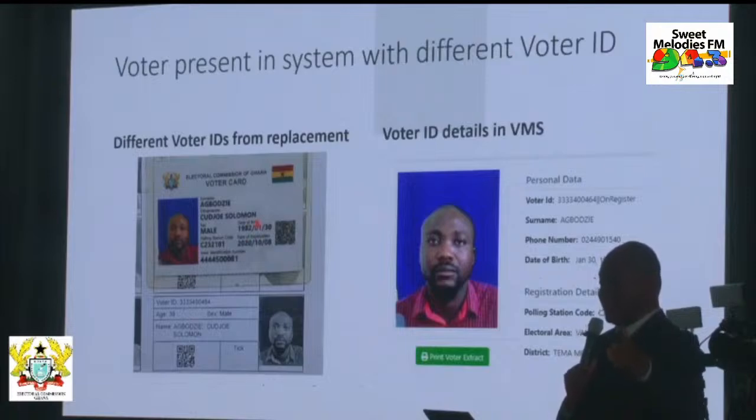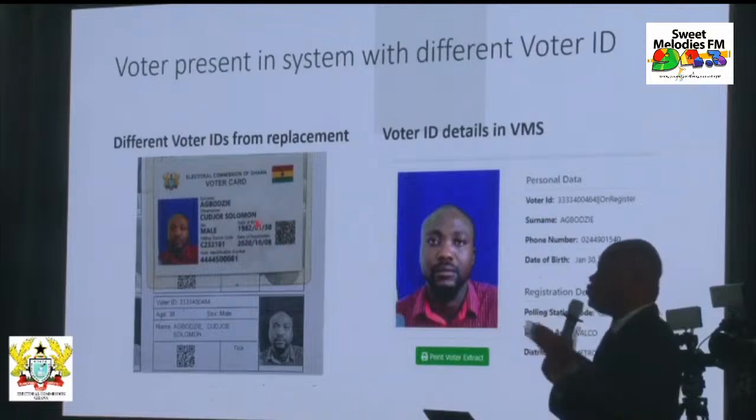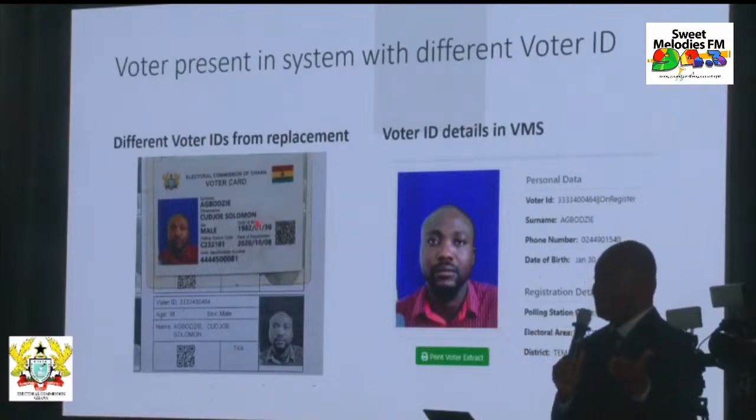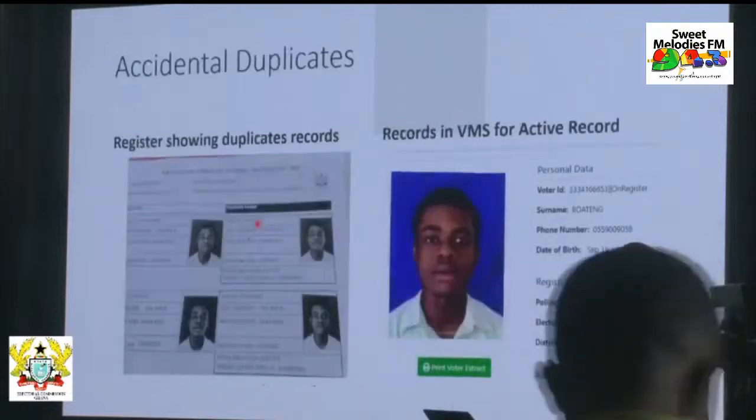When it happens like that, they have different IDs, and the system will trap them. So for those individuals, once we find out that that has happened, we then replace the ID that they have with the last ID. Otherwise, if they are holding another ID, they may assume that they are not on the register, when in actual fact, they exist on the register with a different voter ID.